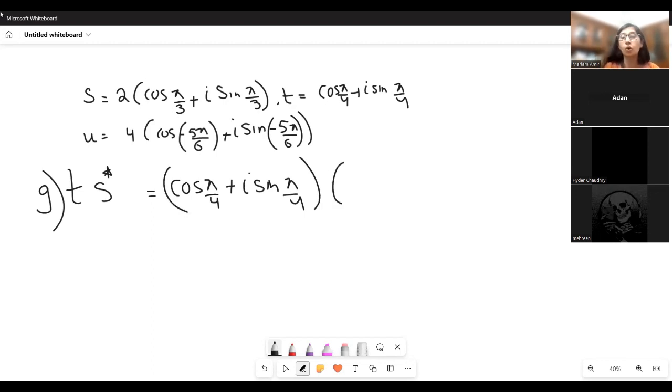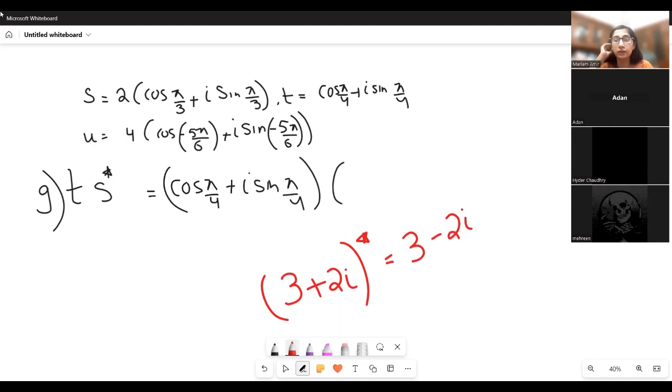S star is the conjugate of S. Remember, we've discussed conjugate before. What is the conjugate of 3 plus 2 iota? It is 3 minus 2 iota. You simply change the sign of the imaginary part.